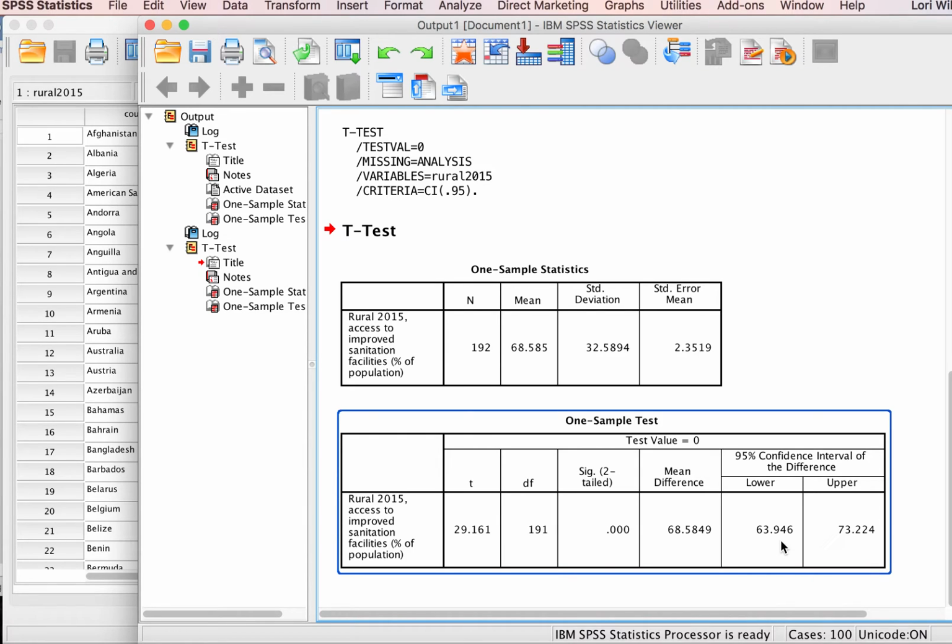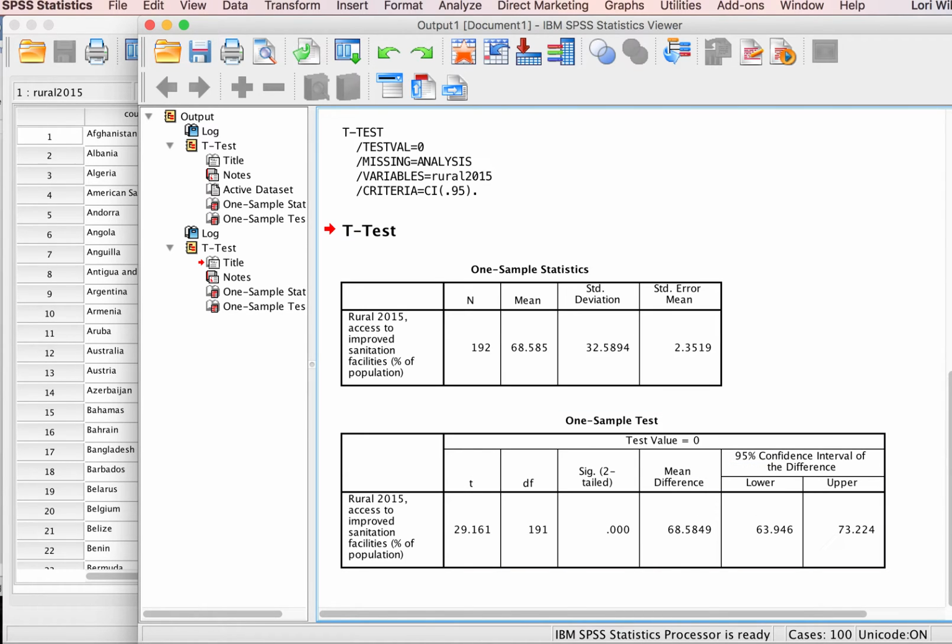So that's the way that you run a one sample t-test in SPSS, as well as a quick look at the output. A very important thing to remember is that when you run this with a test value equal to 0, you cannot use the t-value or the p-value that go with it.